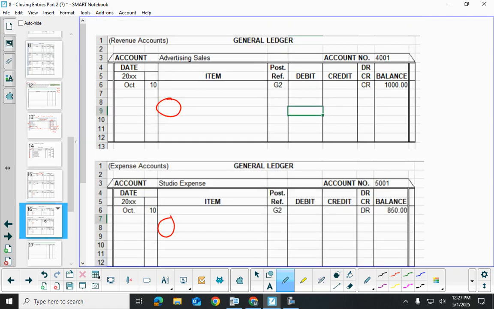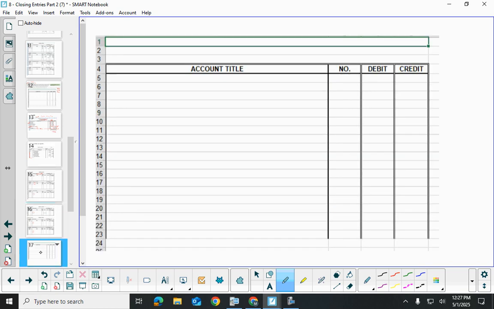Assets and liabilities do not get touched because those are what we call our permanent accounts. So leave them alone. Once you're done closing everything off, you are going to do a post-closing trial balance.